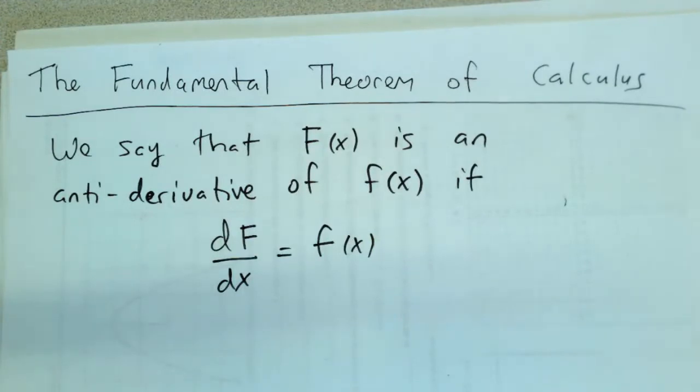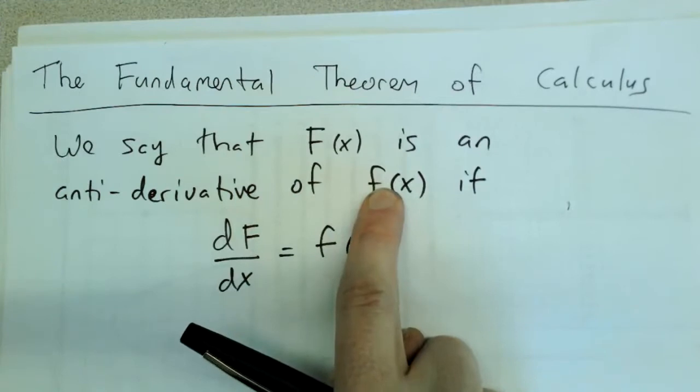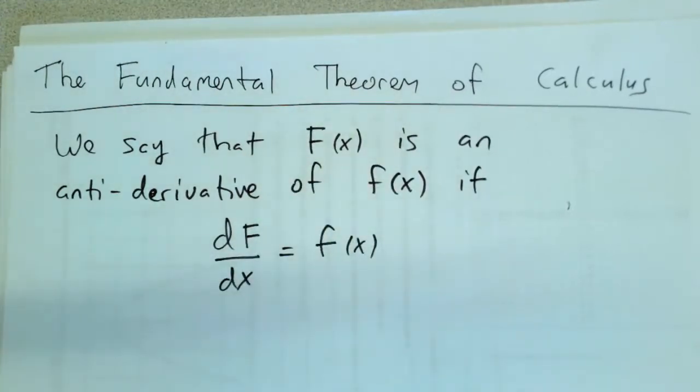It's a function whose derivative is little f. Right? We've seen this before. Antiderivatives, right? So taking the antiderivative of little f would give you big F. Okay, fine.